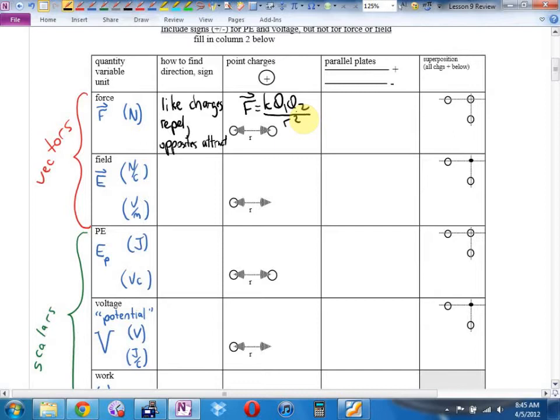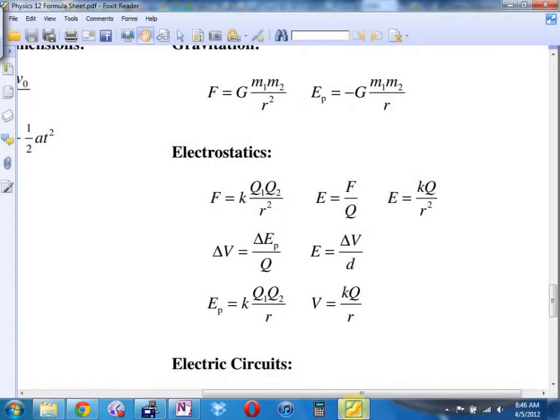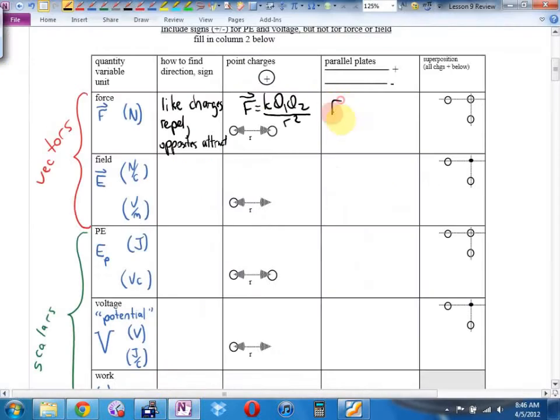What if I want to find the force that a charge is experiencing if it's between parallel plates? Well, there, instead of using the point charge force equation, we used this. Oh, but we had to get the F by itself. We said F equals QE.